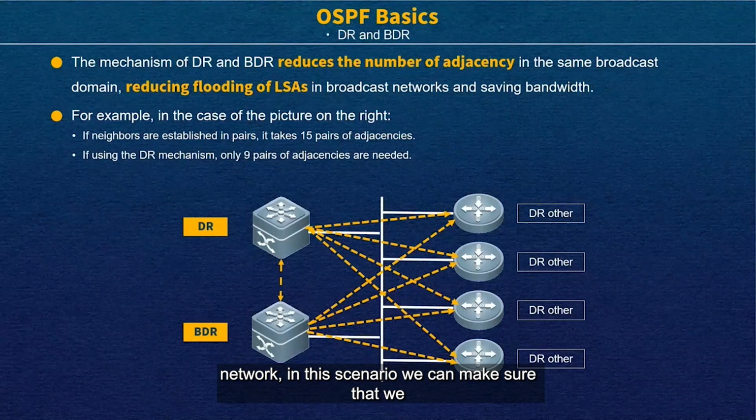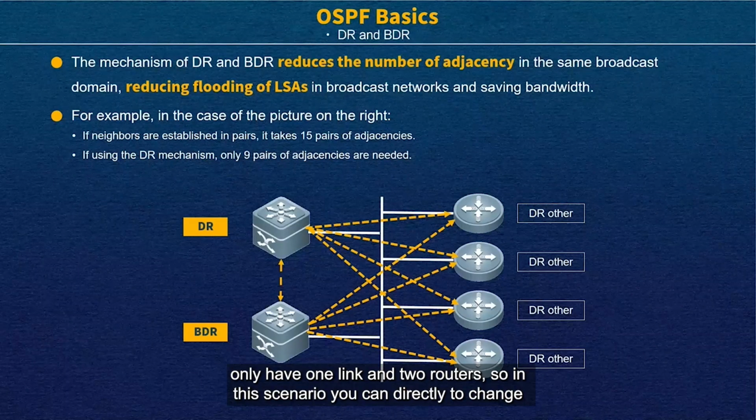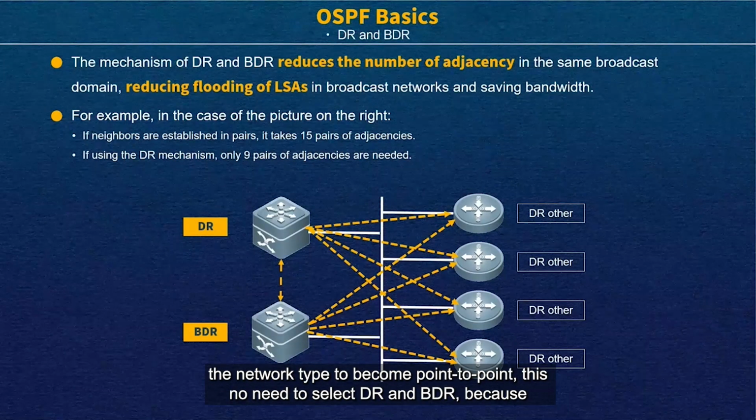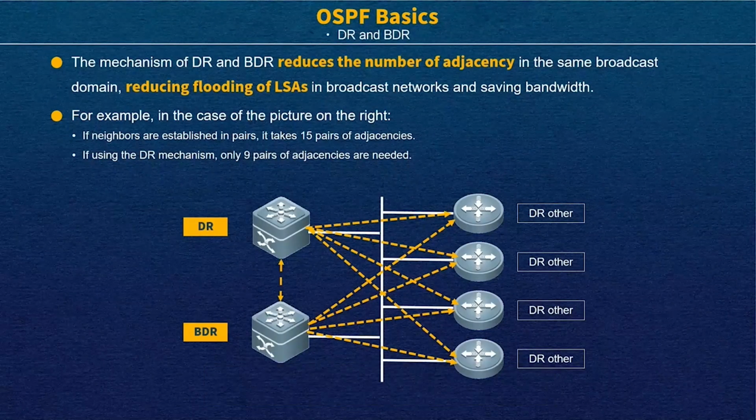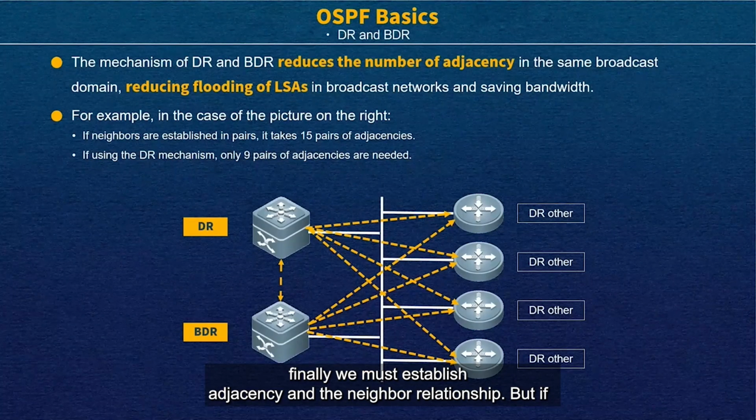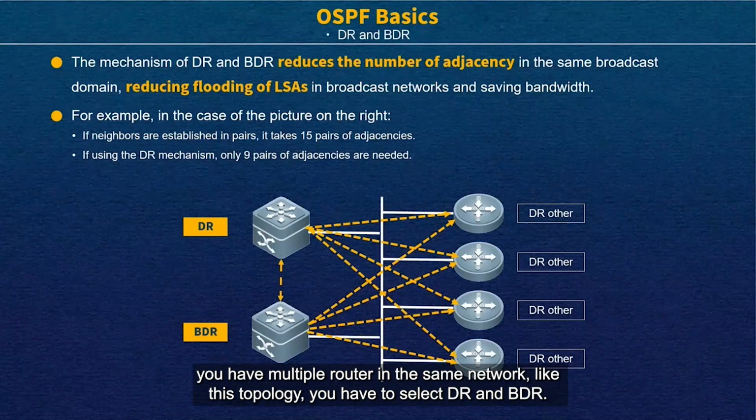In this scenario, we can be sure that the link has only 2 routers, so you can directly change the network type to point-to-point. There is no need to select DR and BDR because finally we must establish the adjacency and neighbor relationship. But if you have multiple routers in the same network like this topology, you have to select DR and BDR.